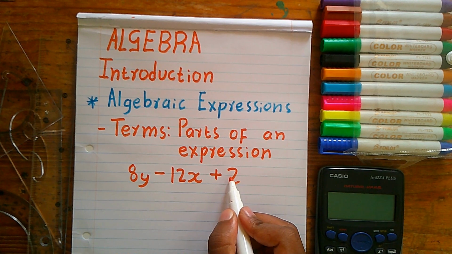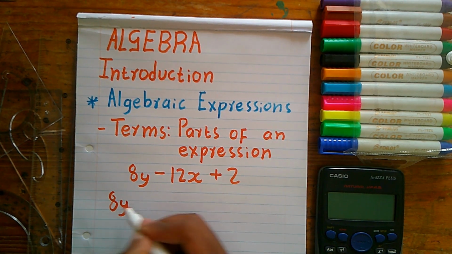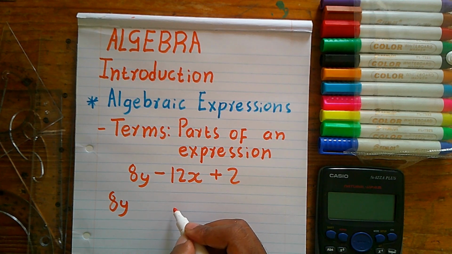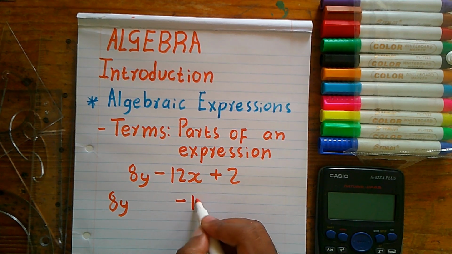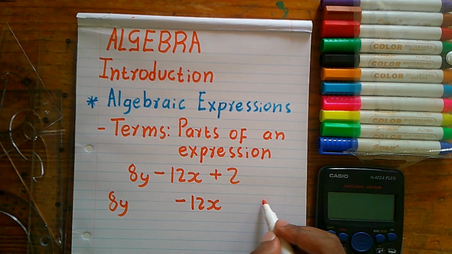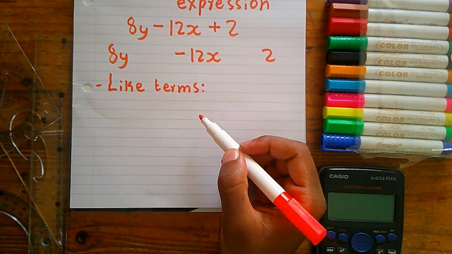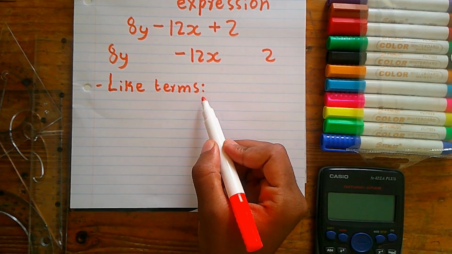This is an algebraic expression, but separately so, 8y is a term on its own, negative 12x is a term on its own, and 2 is a term on its own.